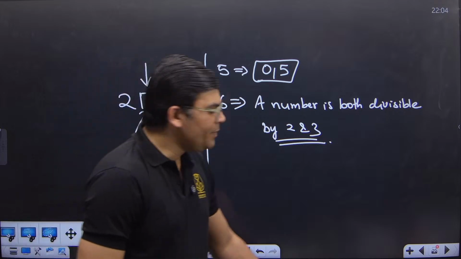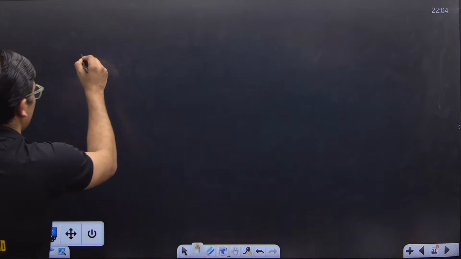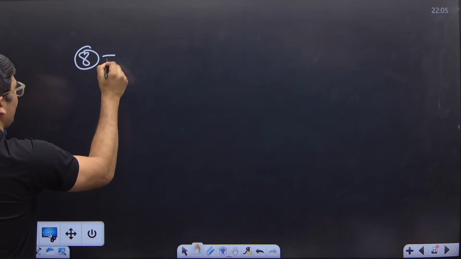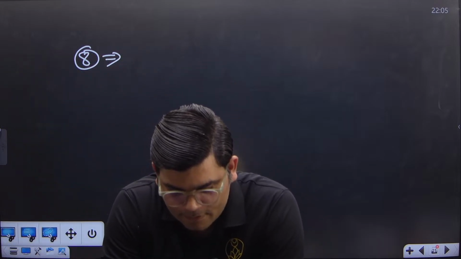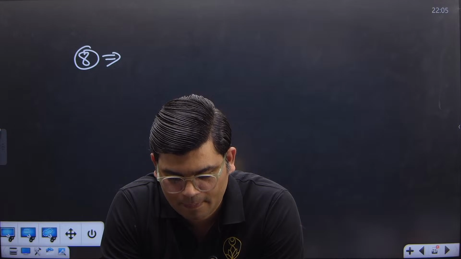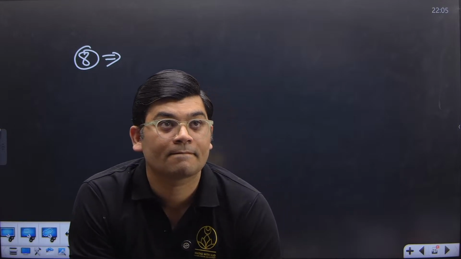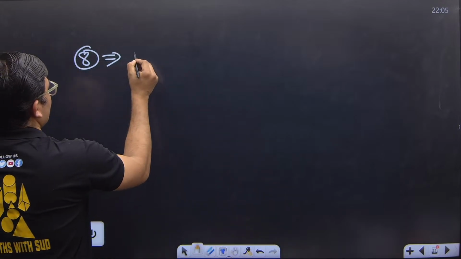What is the divisibility rule for 8? The number formed by the last 3 digits should be divisible.